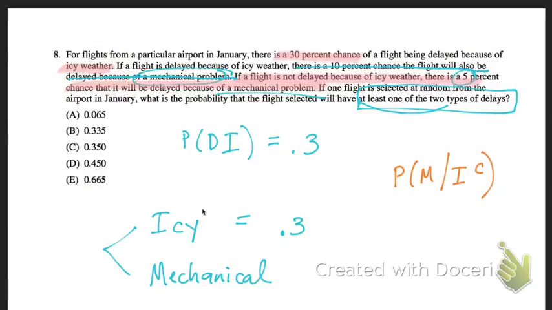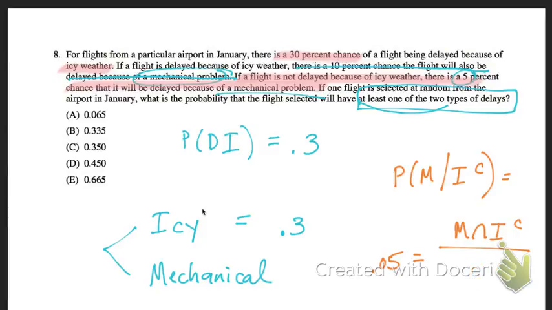And the formula for that, and it's on your formula chart, would be mechanical and not icy divided by icy complement. This whole thing equals 0.05.